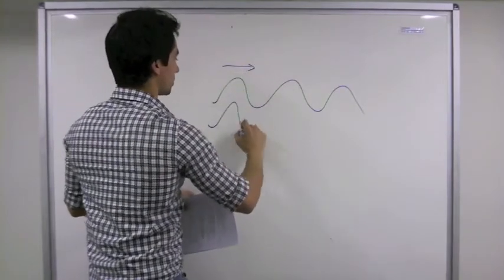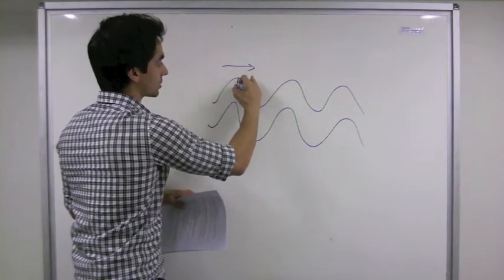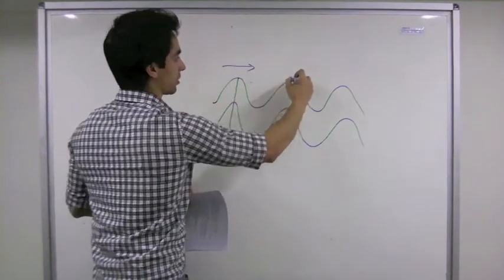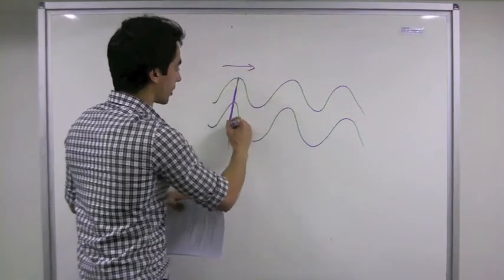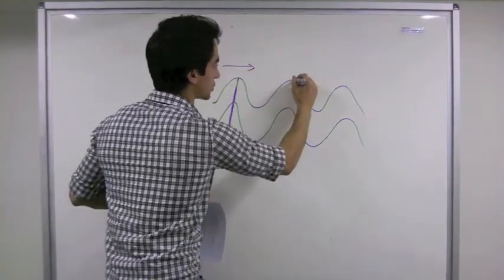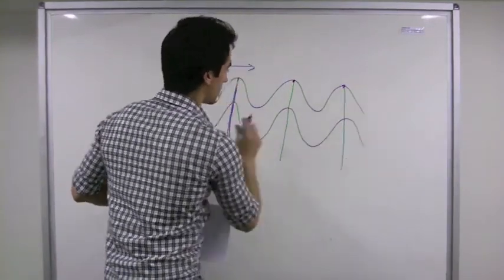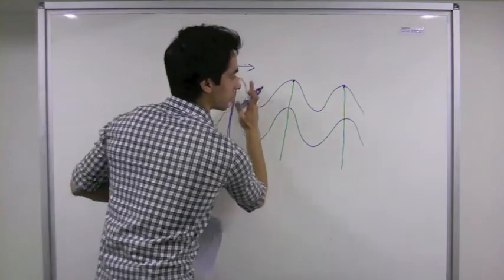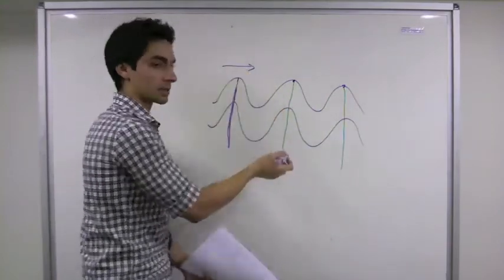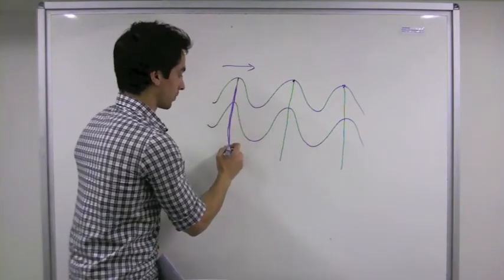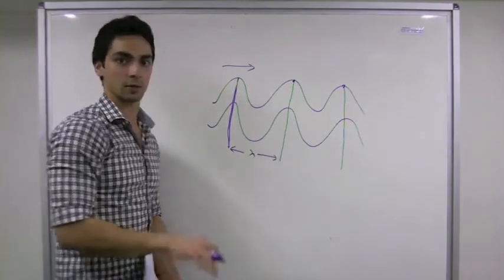So the line joining the crests of all points over here on the wave, the line joining all the crests over here, and the line joining all the crests over here, these lines will appear to move towards the right of the page. Okay, these lines are called wave fronts. The line joining all the crests, and of course the distance between each wave front is one wavelength.